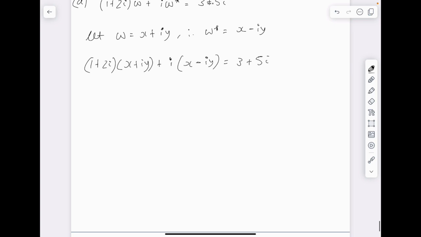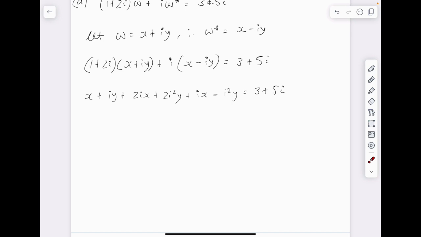Okay, brilliant. If we multiply this out now, what we're going to get is x + iy + 2ix + 2i squared y, and then plus ix minus i squared y, is equal to 3 + 5i.